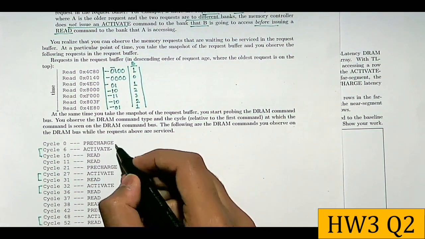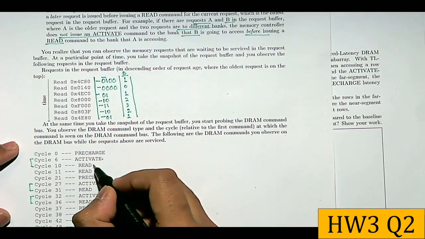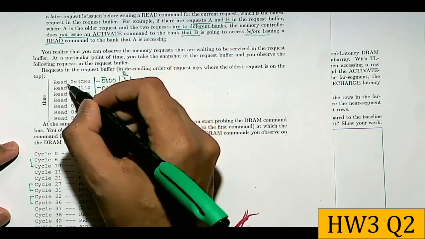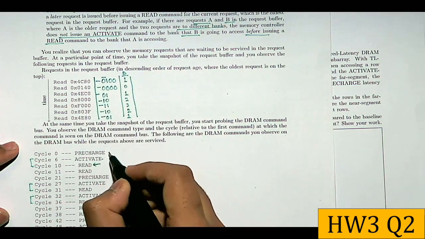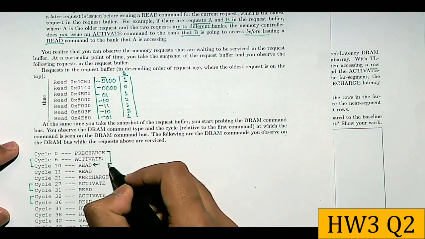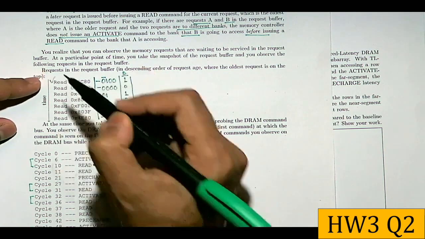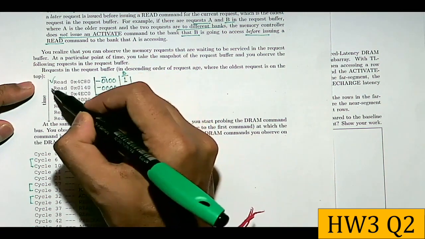Make sense? So yeah. Let's see. The reads are the ones which are actually happening for all of these accesses, right? So if we simply categorize these accesses like this, these 3 command sequences happened for this access. Then this command sequence happened for the second access.